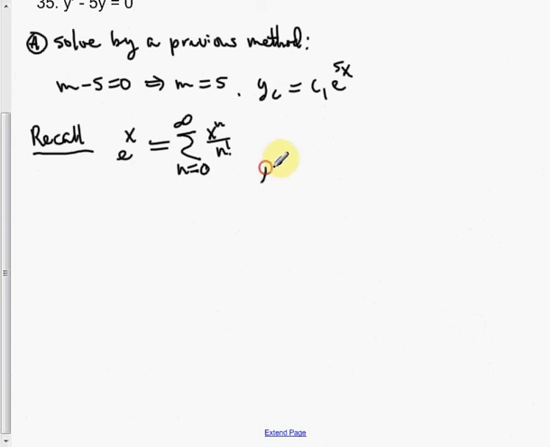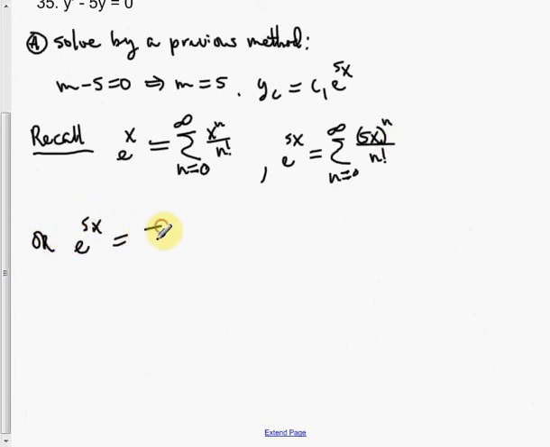So e to the 5x is equal to the summation as n goes from 0 to infinity of, wherever I have x, I'm going to write 5x. So this is 5x to the nth power all over n factorial. Or, simplify that, e to the 5x is equal to the summation as n goes from 0 to infinity of 5 to the n times x to the n all over n factorial.